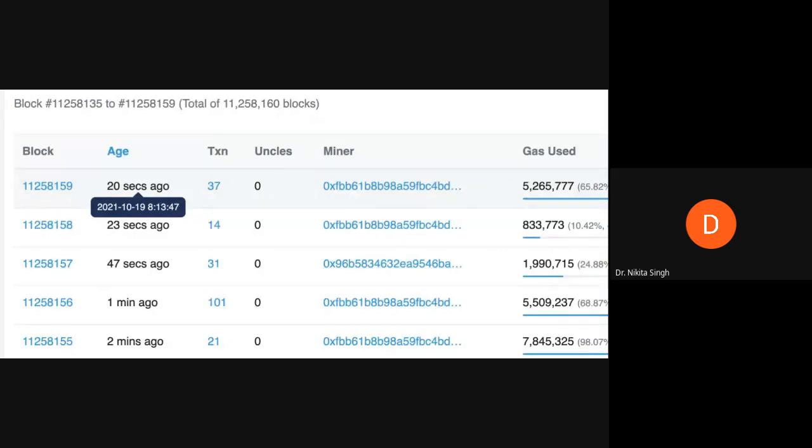Then, I think this has not been updated. The point is you get the timestamp of the transaction, or rather the timestamp at which the block has been mined. And it also shows the miner which has mined the block.